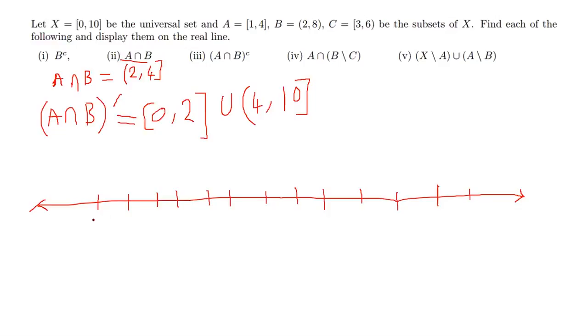So I have 0, 1. Can also put a negative here since we have the universal set. 2, we have 3, we have 4, there's 5, there's 6, 7, 8, 9, 10. You have 11, and then lastly you have 12, like that.